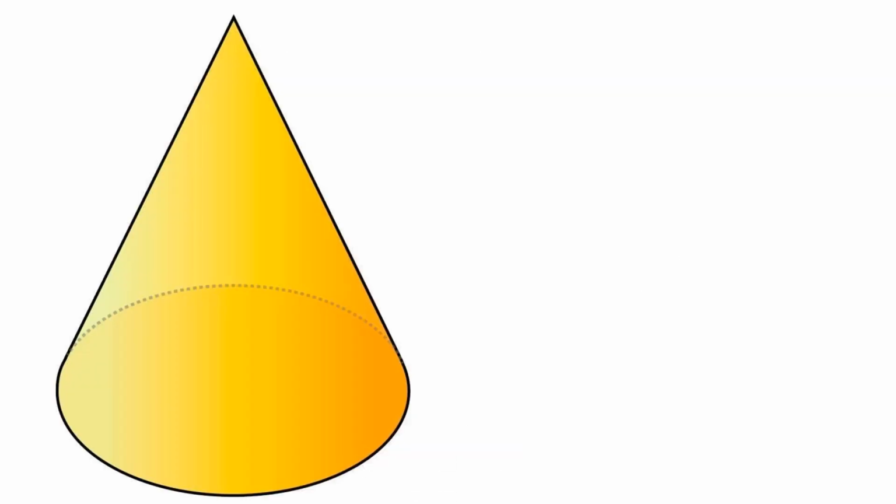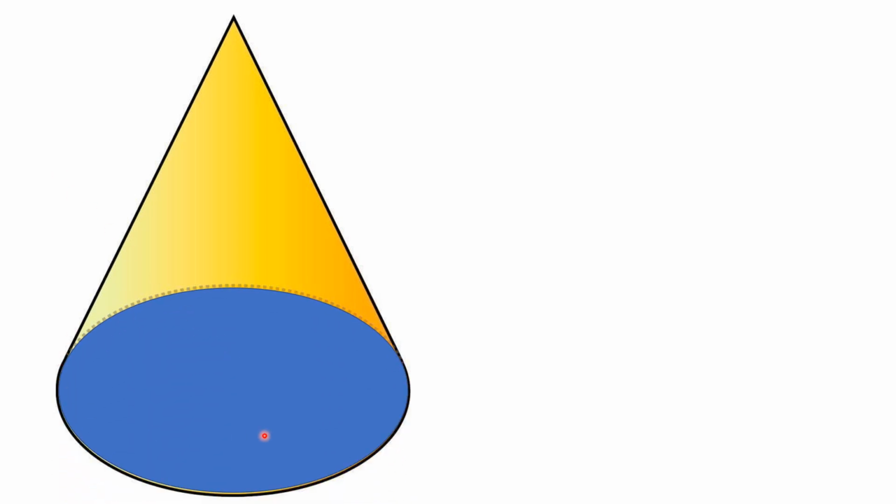So in this part, I'm going to give the parts of a cone. Let's start with our base. This is our base, the one in blue. Another is this line.